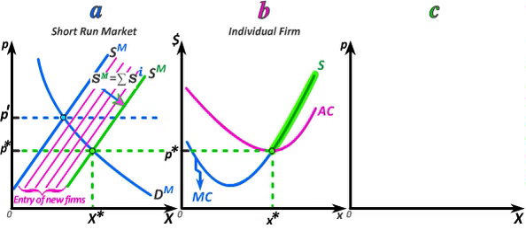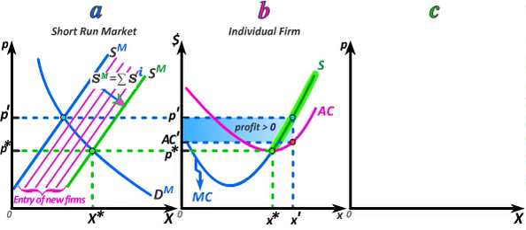At the initial price P prime, each firm would therefore want to produce the quantity X prime along its supply curve. At X prime, the long-run average cost the firm incurs is AC prime, which lies below P prime, thus creating the shaded area of positive profit. This is what gives the incentive for new firms to enter the market.